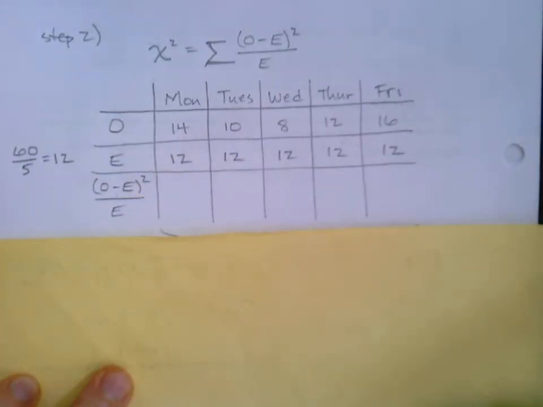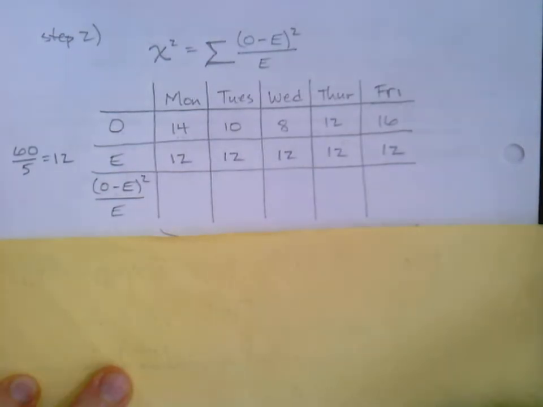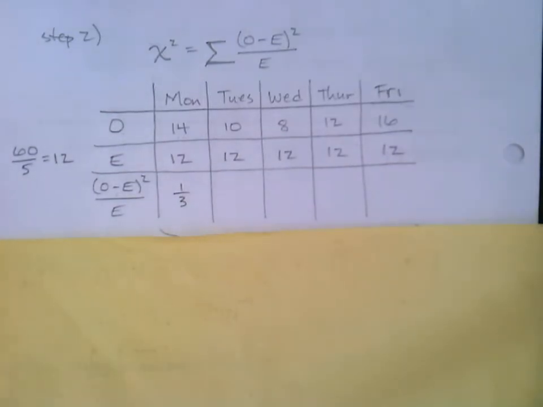We've got 14 minus 12, of course, is 2. Then we square. The squaring will always turn it into a positive, because we want the error to be positive, just like in variance.